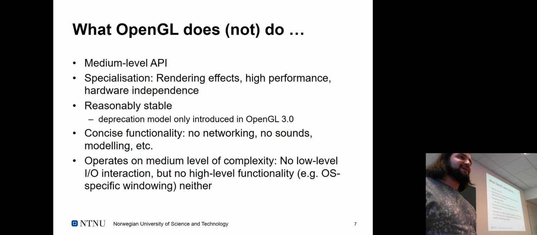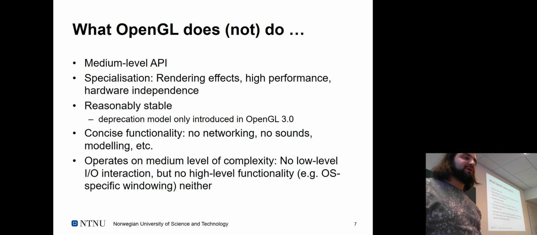Some of the functionalities were marked as unnecessary, so from version to version they started to retire or remove some of the OpenGL functionalities becoming obsolete or unnecessary in modern models. And it has a very particular, focused functionality.